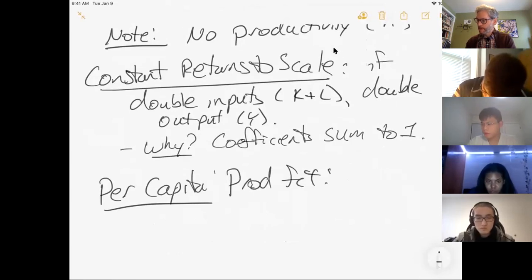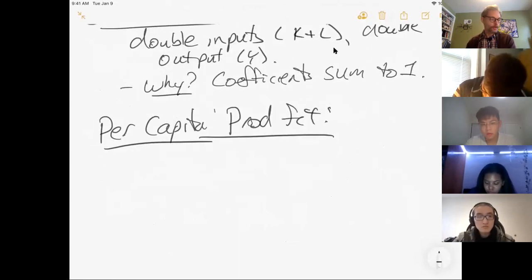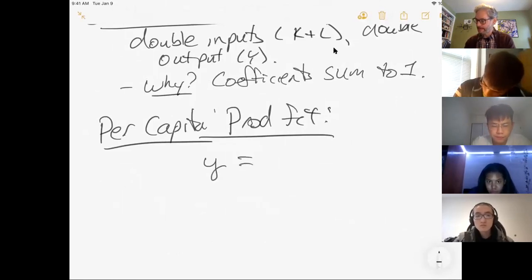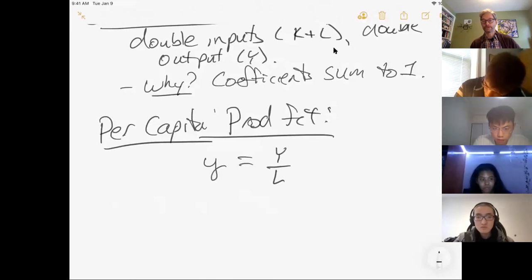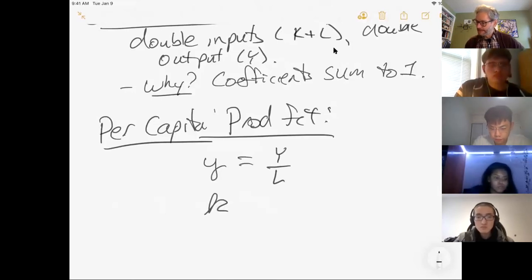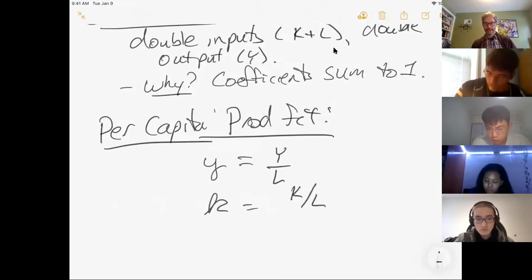And so how can we rewrite this in per capita terms? Well, the notation your book is going to use is whenever we use a lowercase variable, that is per capita terms. So lowercase y is equal to capital Y divided by L. Likewise, lowercase k is equal to uppercase K divided by L. These are the per capita versions of output and capital.